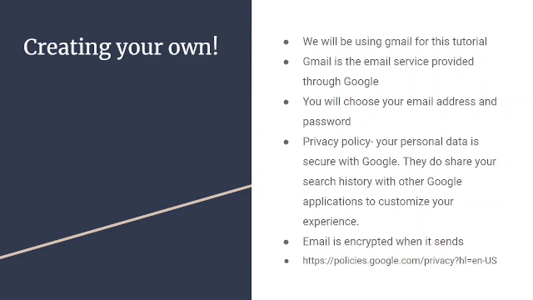So, privacy policy. Your personal data is secure with Google. As with all things online, there's a slight chance that something could get hacked, but Google does a very good job of keeping your personal data safe and secure. What they do is share your search history with other Google applications to customize your experience.